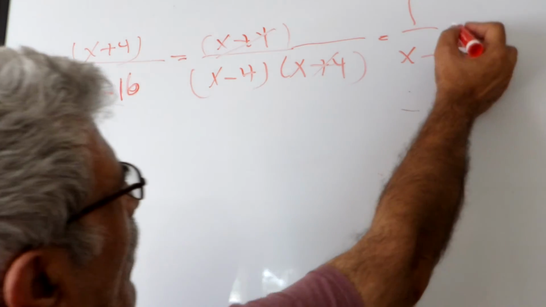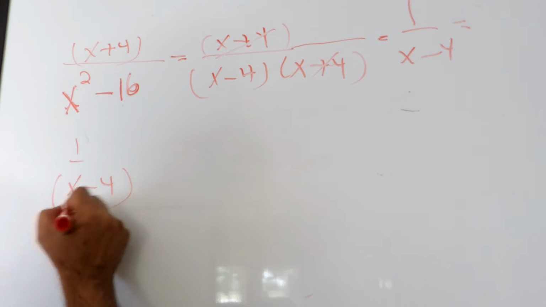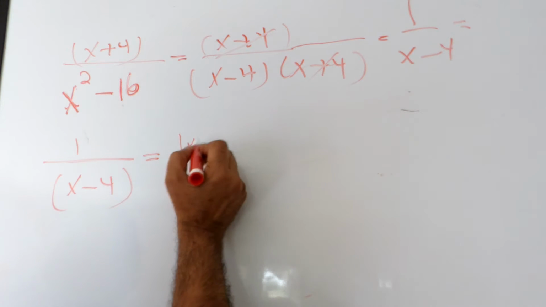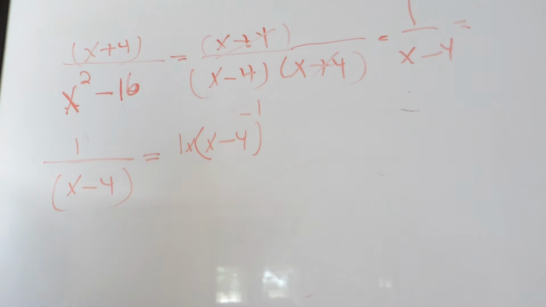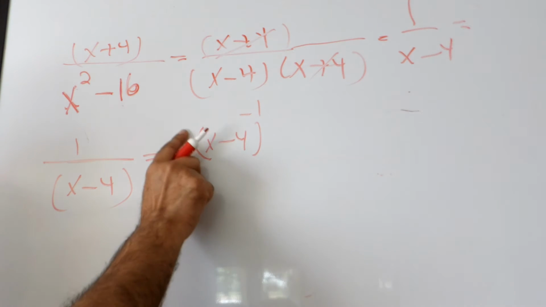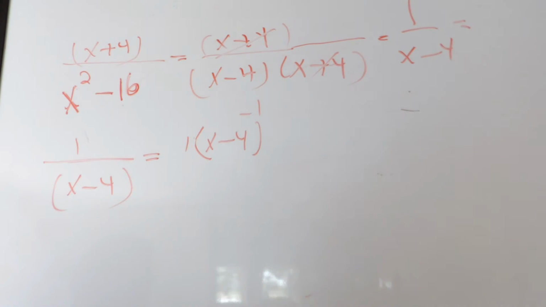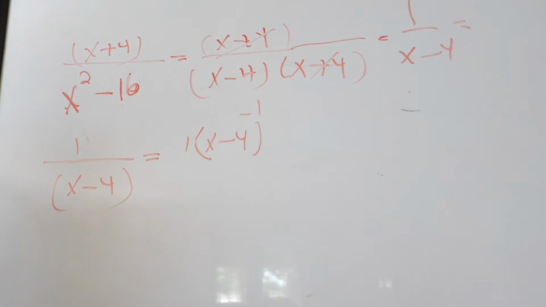And you can always write this as x minus 4 to the power of minus 1. Actually, we don't write the 1 if there is a 1 behind it. So we can write it this way. So always remember that.